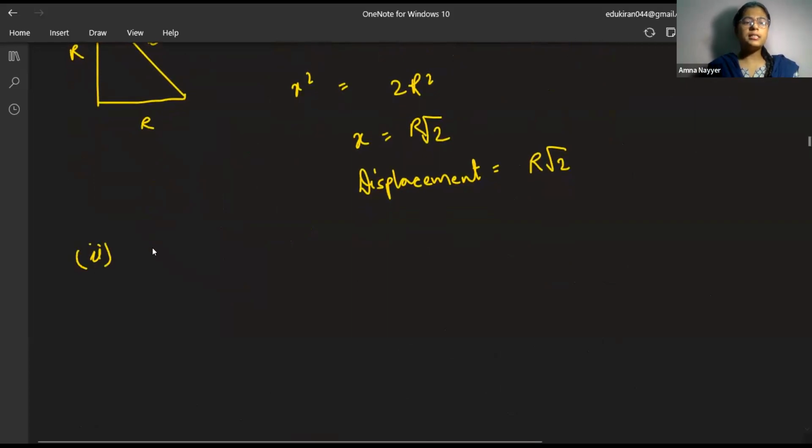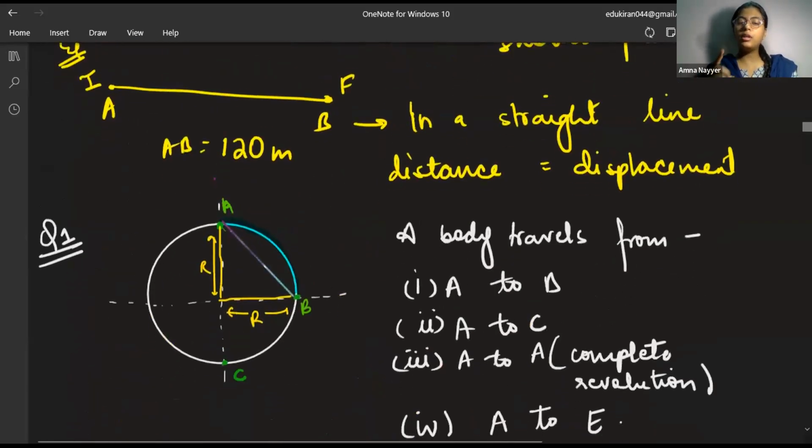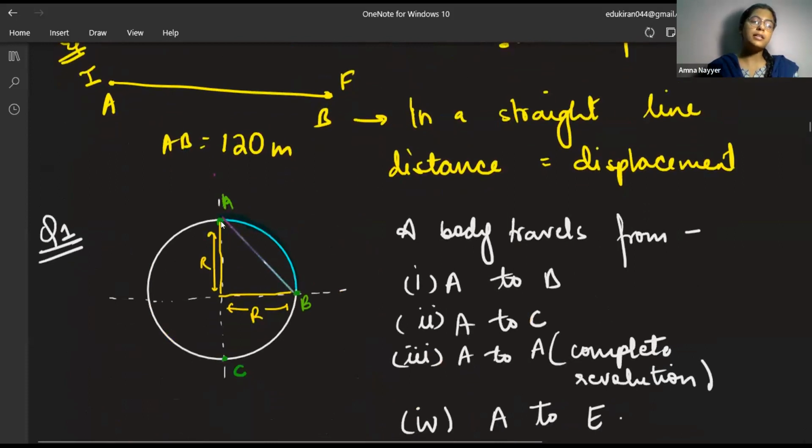So second part, distance, this is 2 pi r divided by 2, which is pi r. And displacement is the easiest in this. Look, initial point is this. Abdullah has already answered this part as well. This is initial point, this is r.